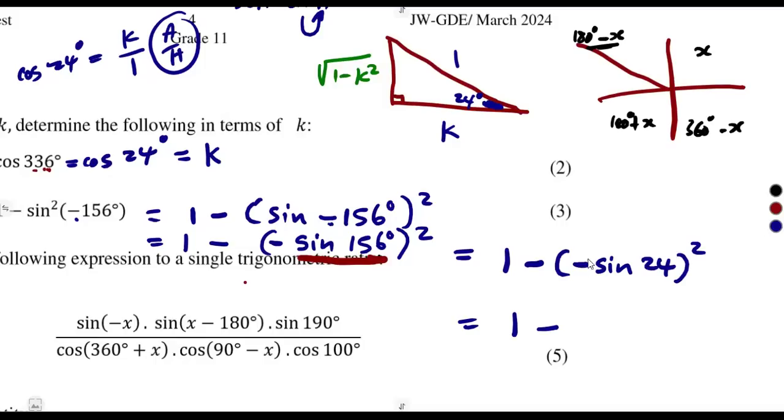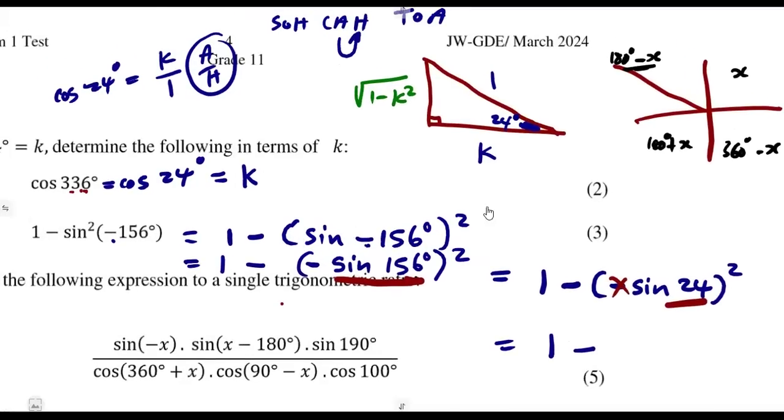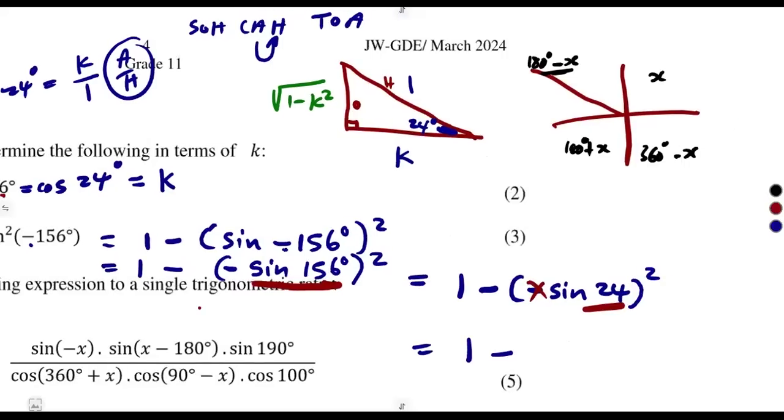We can even cancel that one. So what is sine 24? Sine is opposite over what? Hypotenuse. So that is the sine of 24 here. So it's going to be opposite, the square root of 1 minus k squared, over hypotenuse, which is 1. But we have to square this.